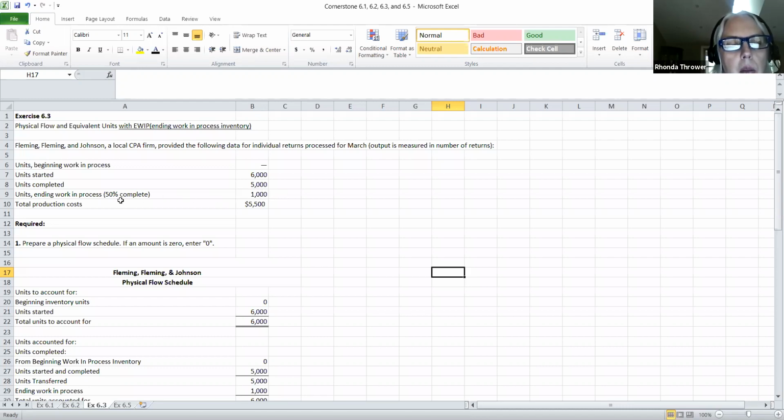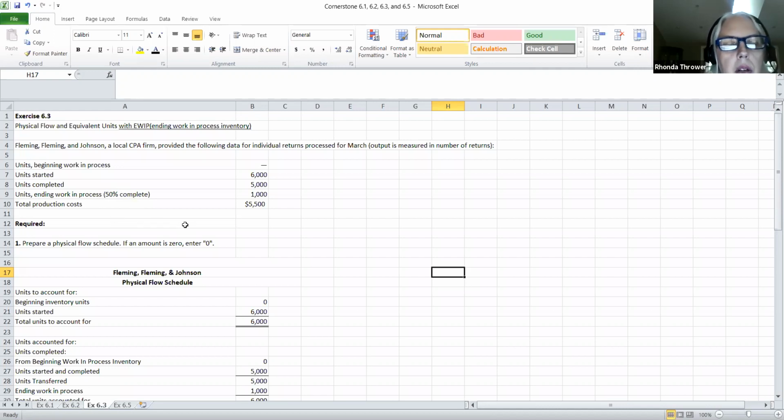Notice here they tell you the part that was finished in the ending inventory, which is 50% of these. And what that means is that 50% was complete with respect to all the cost. So the remaining 50% was not complete with respect to our conversion cost.